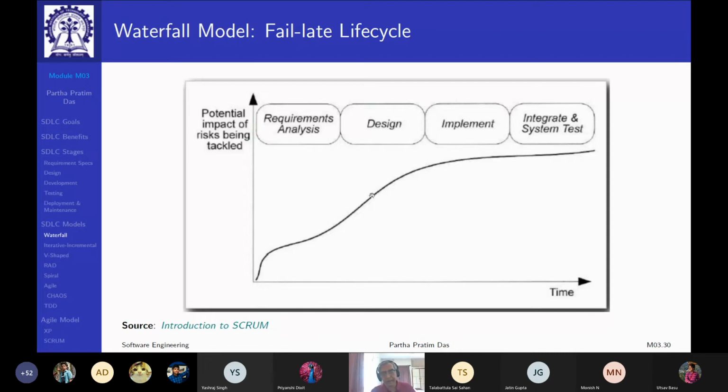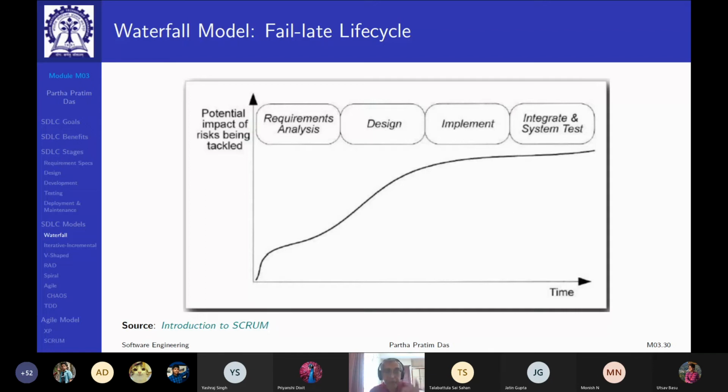As you go into the design, the cost becomes higher because you have to come back to the analysis again. In the implementation, it's even higher. When you integrate, it goes even higher and so on. So the basic problem of the waterfall is that you have the ability to actually test and validate with the customer only at the end. So you have a high potential risk impact for the waterfall model.